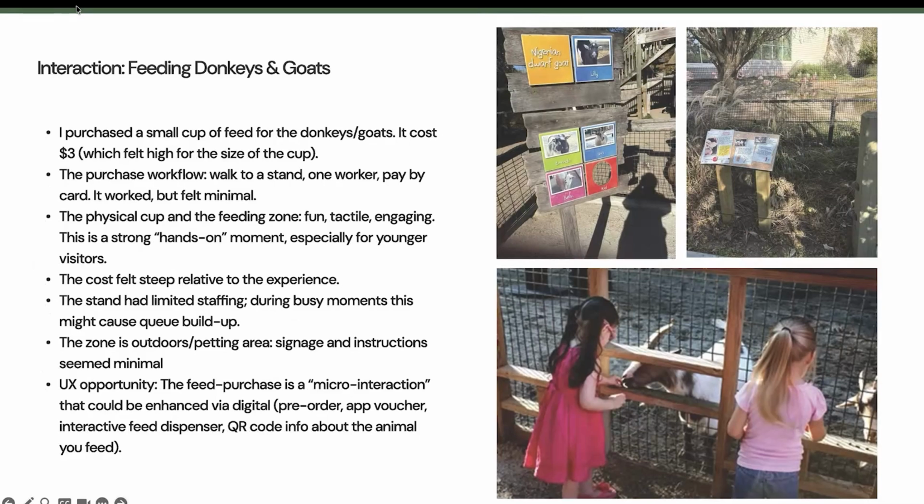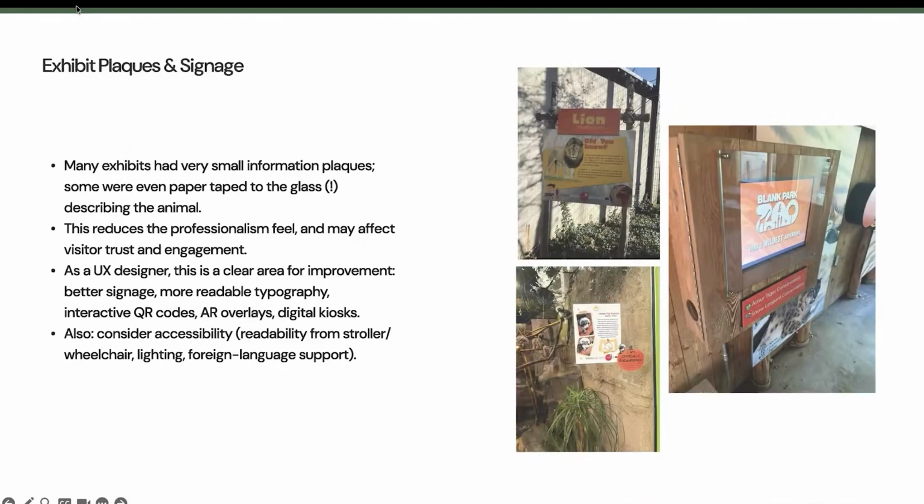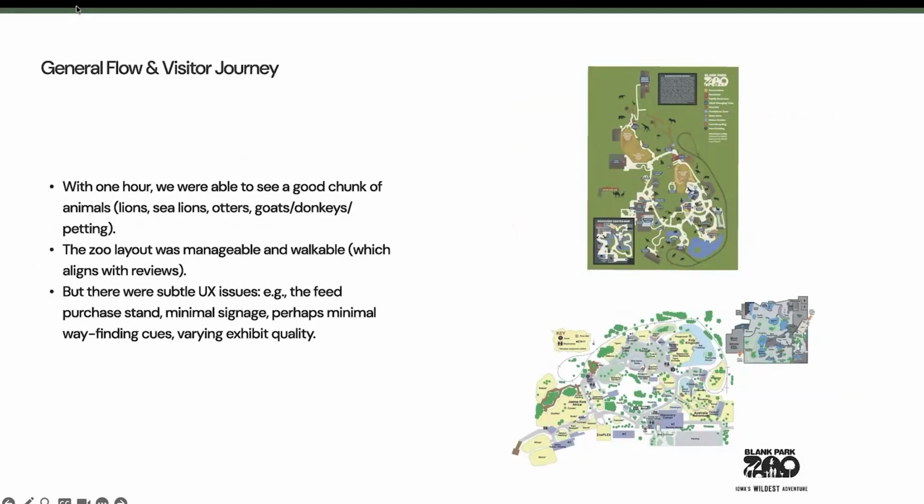Their site observation identified several areas with strong atmospheric potential, but limited educational or interactive content. This approach yielded rich, location-specific insight that directly shaped their proposal for site-embedded interactive installations.